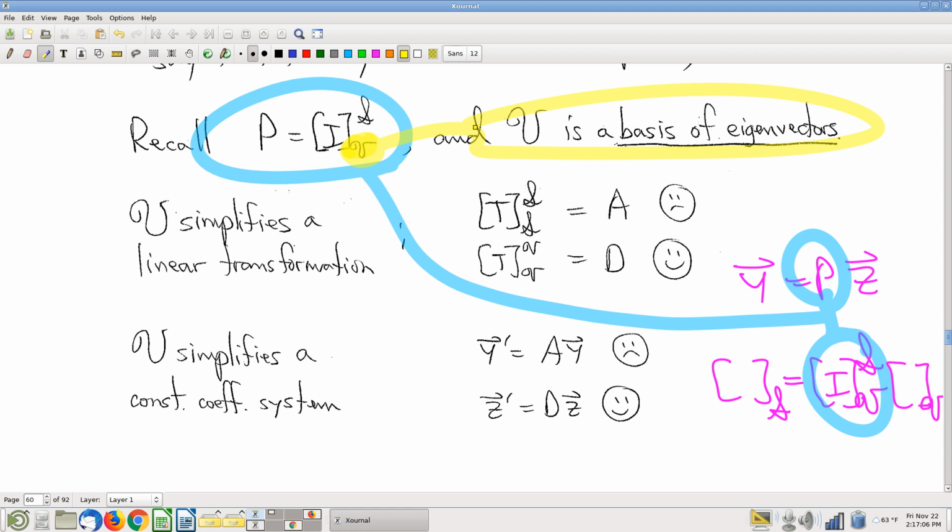But as far as this class is concerned, one of the big ones is that eigenvectors give us the ability to simplify matrices, and we like to simplify matrices because it allows us to simplify systems of differential equations, and we like that because this is something we actually know how to solve. Eigenvectors gave us this.